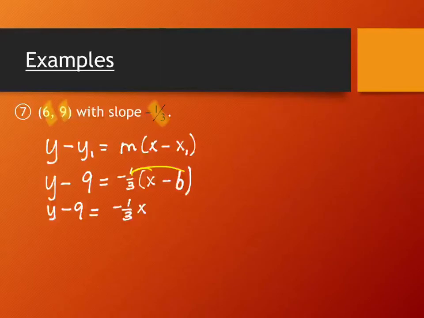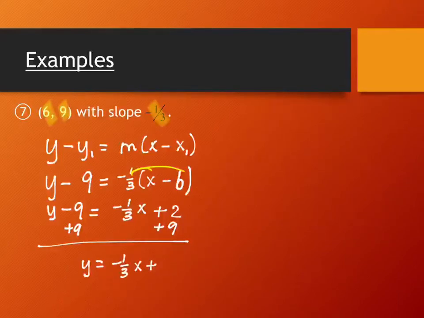The reason is because the negative 1/3 times the negative 6 is actually a whole number. What is 1/3 times 6? Yeah, it's 2. And it's addition because I had 2 negatives there, right? A negative on the 1/3 and a negative on the 6. So this one's friendlier because I do end up with a whole number when I multiply by that 6 at the end. So then when I add my 9, it can combine very nicely with that 2. And my equation is y equals negative 1/3 x plus 11.